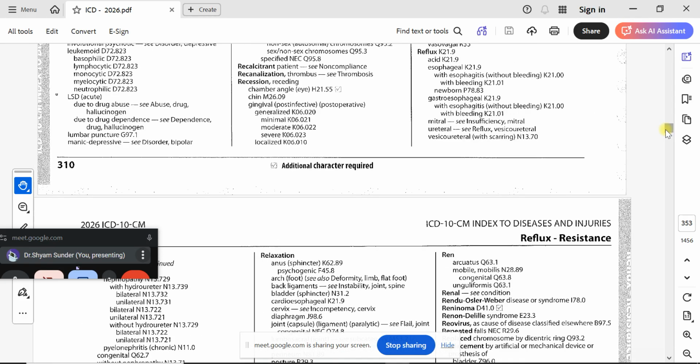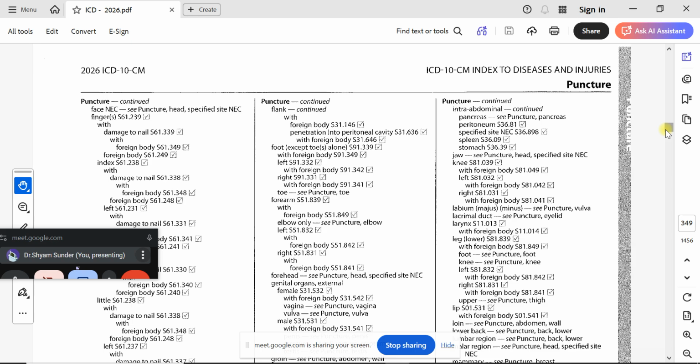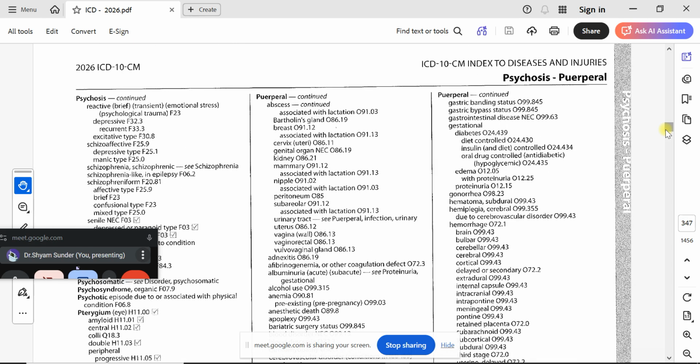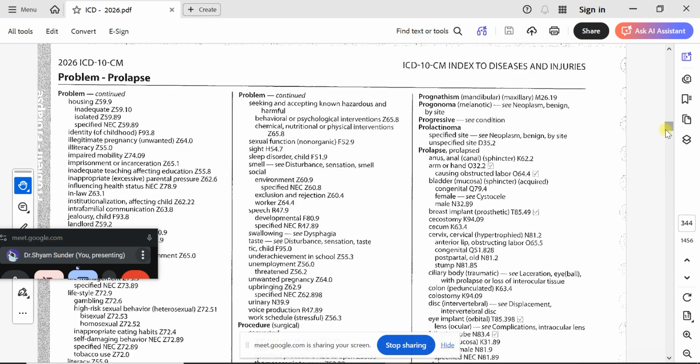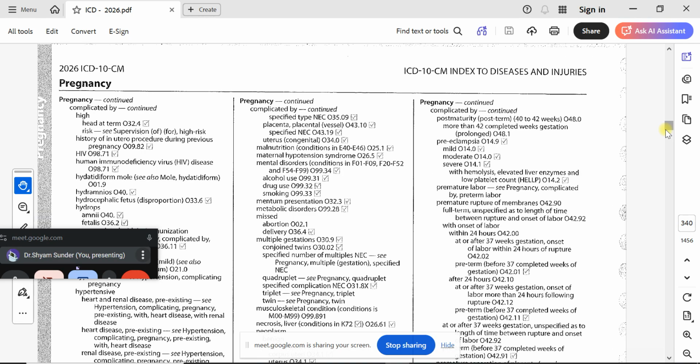Because there is no specific entry for depression in the index, you can take a generic one, that is mental disorders. That's how we go. If you don't find a specific one, you go for the general. Now here, pregnancy complicated by mental disorders, O99.34.